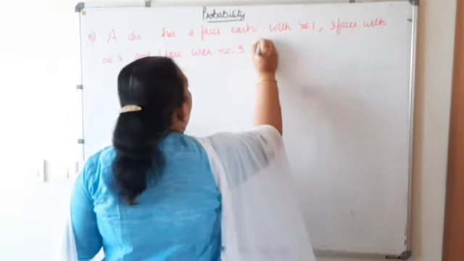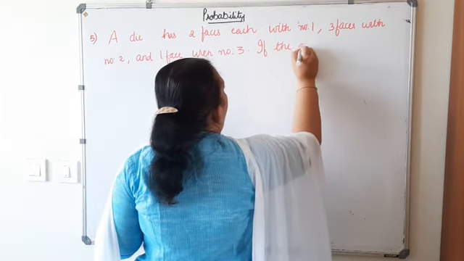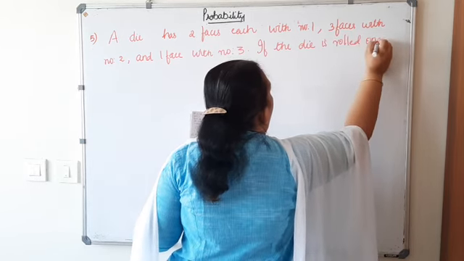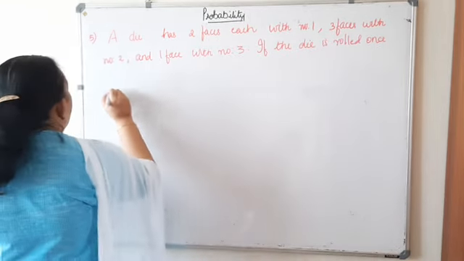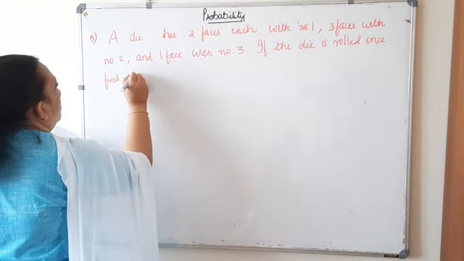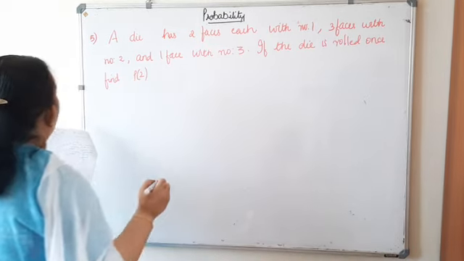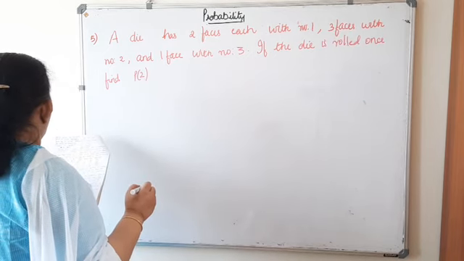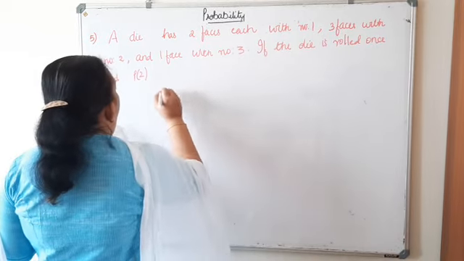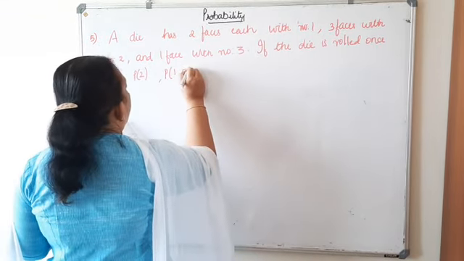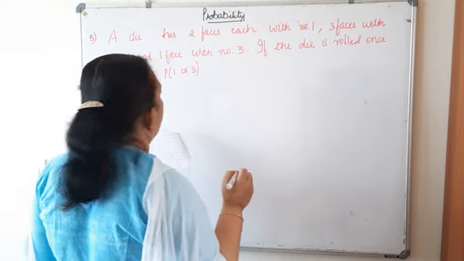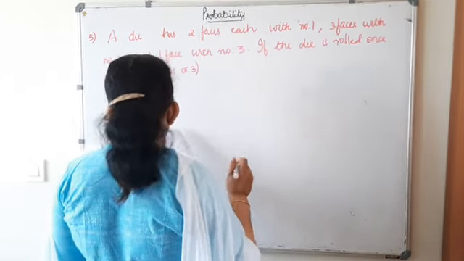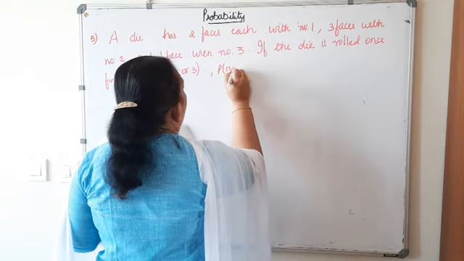If the die is rolled once, find the probability of getting a 2, the probability of 1 or 3, and the probability of not 3.